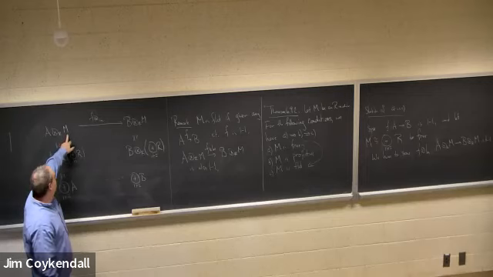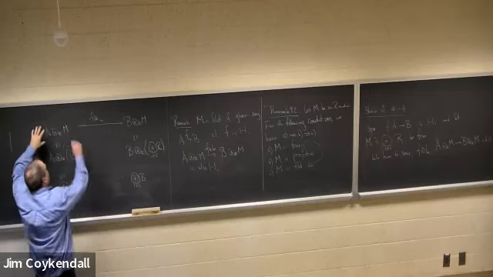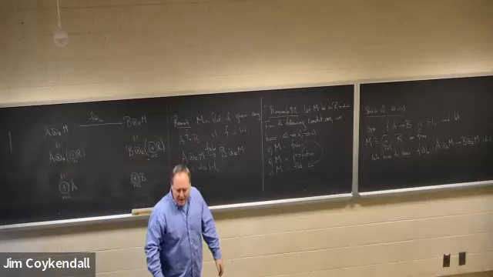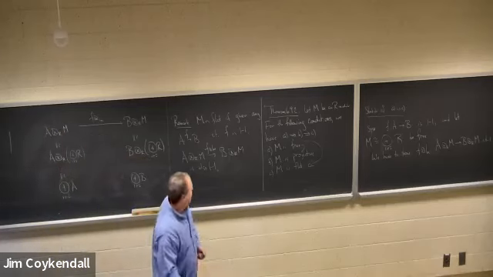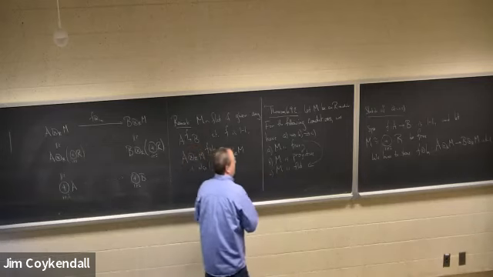If M is projective, then it is a direct summand of a free module, so there's some other module N such that M direct sum N is free. See if you can take both of these, put them together and deduce that. So that's something for fun. And here is a corollary.